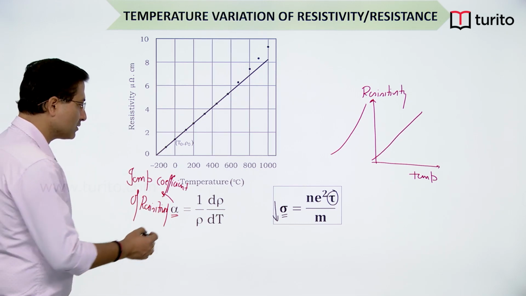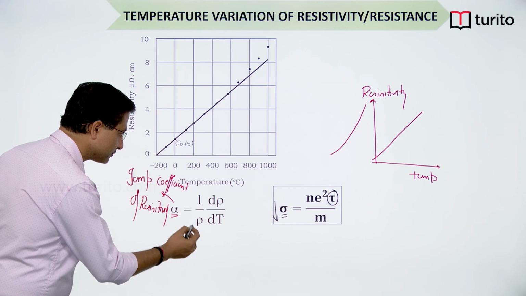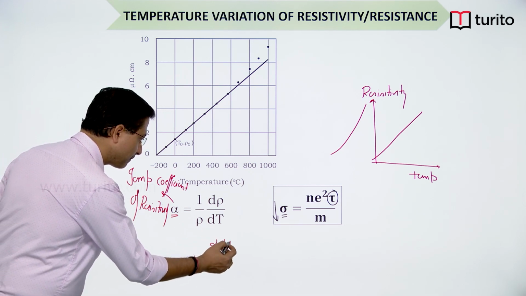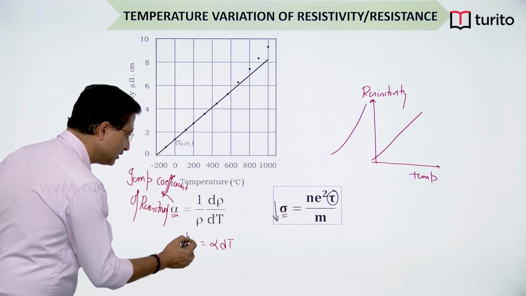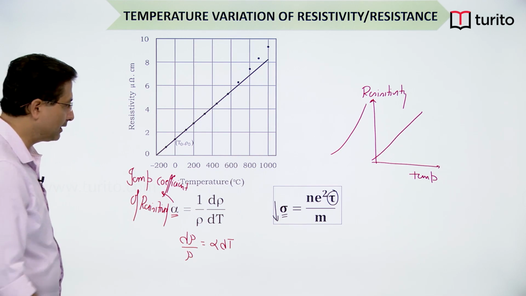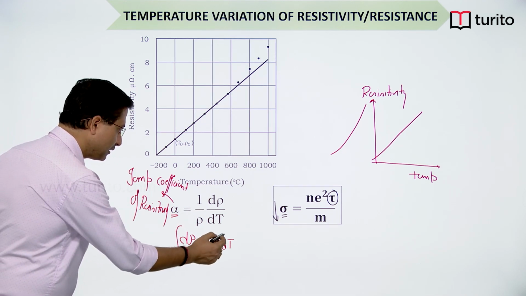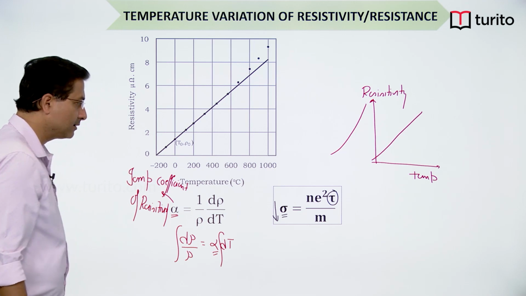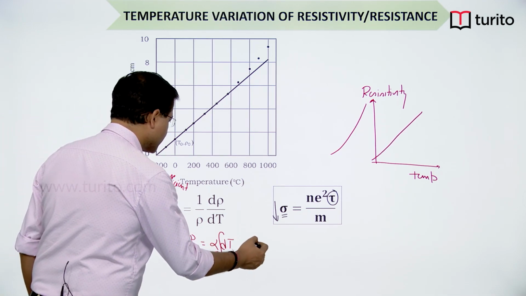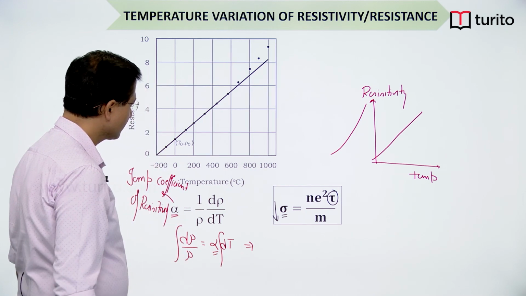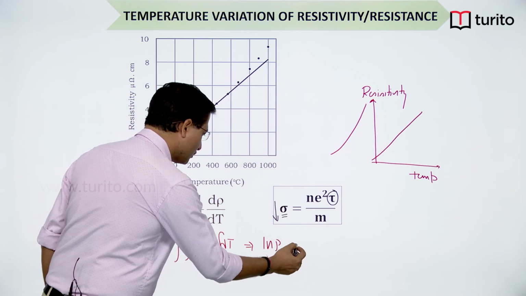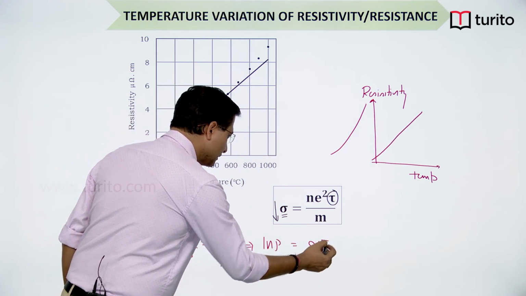If this quantity is constant, then I can also write alpha dT is equal to d rho by rho, okay. And if I integrate, alpha constant, I have taken out, so this can be written ln rho is equal to alpha T with limits.